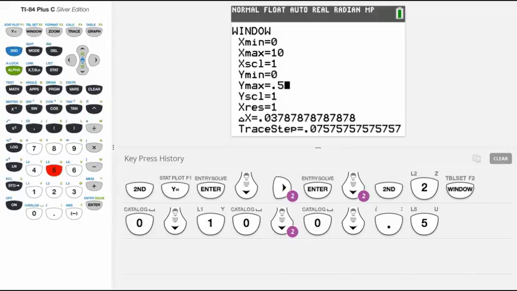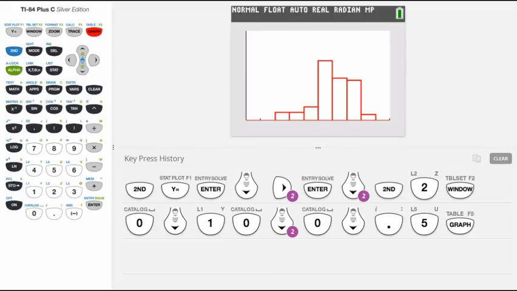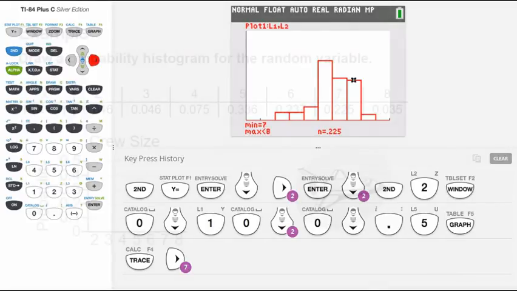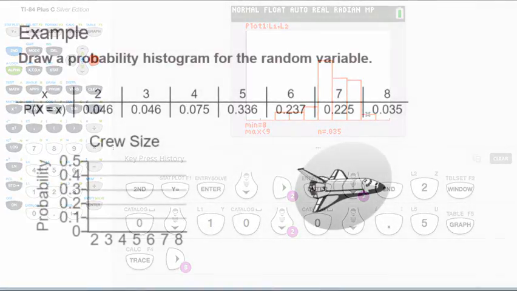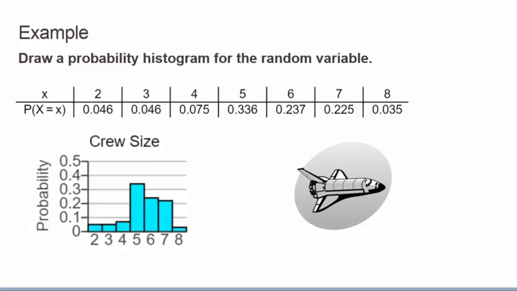Leave defaults for the rest. Press the graph button. Now there is a graph of my data. I can use Trace to see the X and Y values of each bar. So I have now constructed a probability histogram for the random variable.